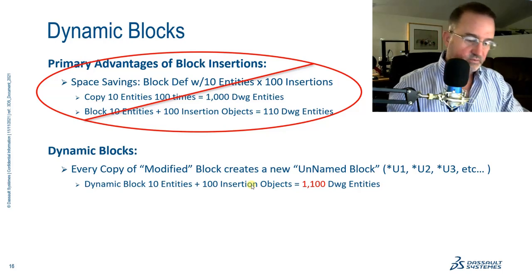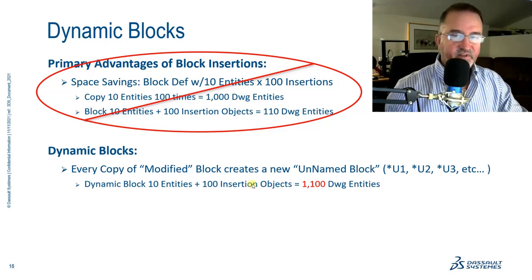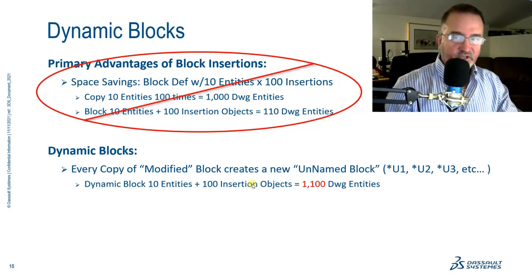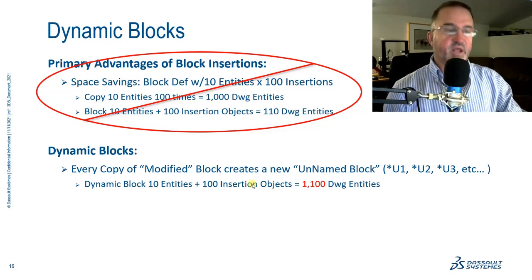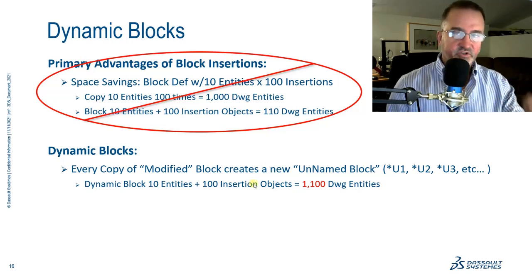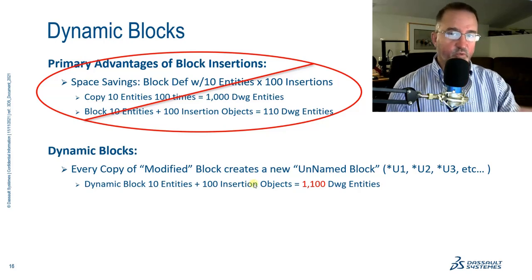So something to really keep in mind is that oftentimes I see drawings that have dynamic blocks, and they're actually larger than they would be if they didn't have blocks at all. Very interesting, but you have to understand what's really going on with these blocks to understand why that's happening.